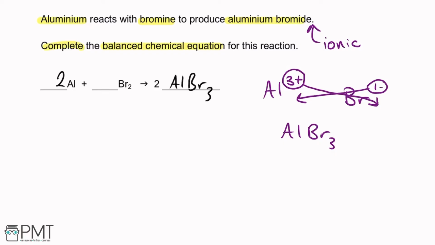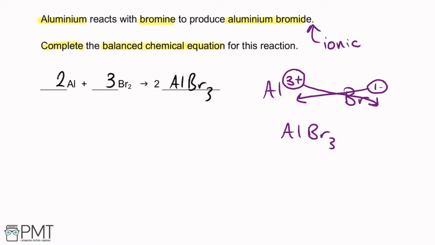At the moment, we have 2 bromines on the left-hand side, and we have 6 bromines on the right-hand side, because we've got 2 lots of Br3, which gets you Br6. So how do you get from 2 to 6? Well, we need to times it by 3 on this side.